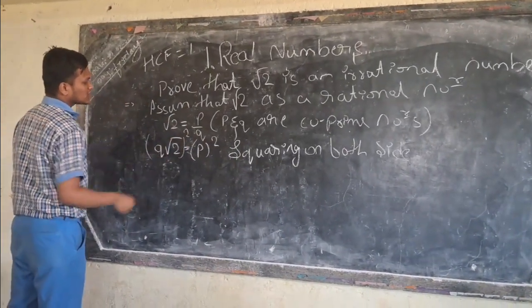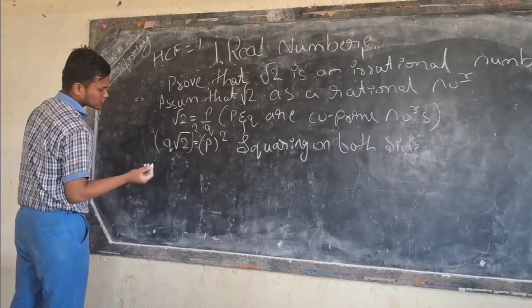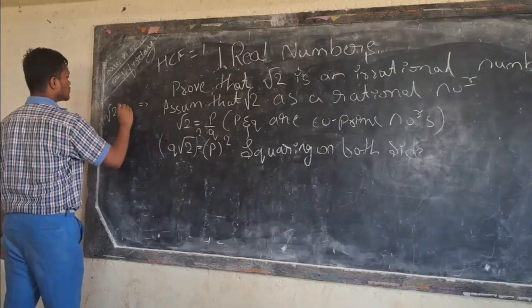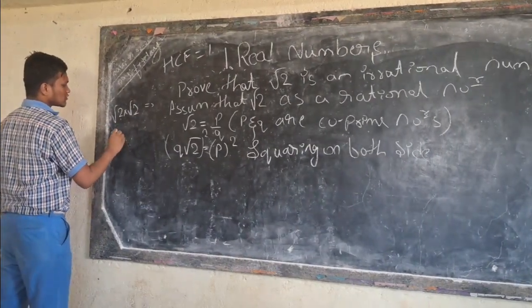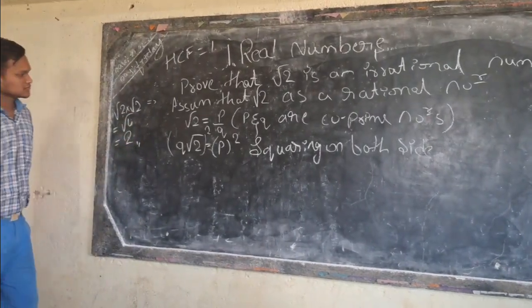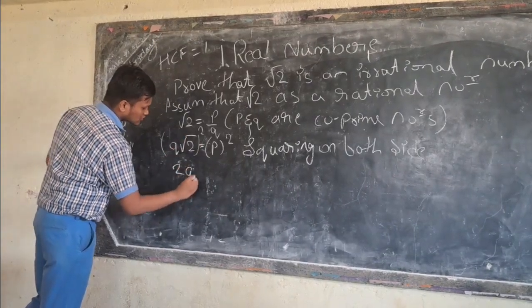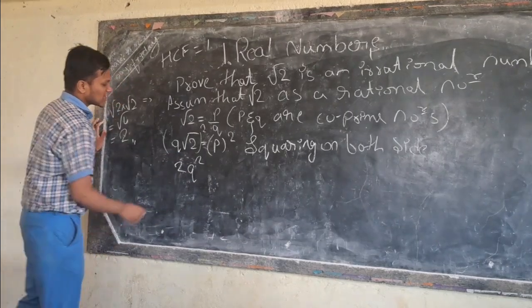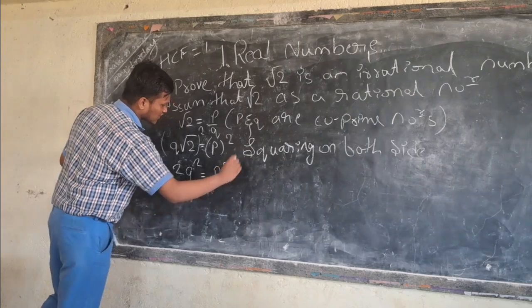Root 2 squared, then the value is 2. Here root 2 square means root 2 into root 2, which is root 4, and root 4 is nothing but 2. Here take 2 and this is q square. The square is applied to both q and root 2. Hence I have taken 2q square and here p square.